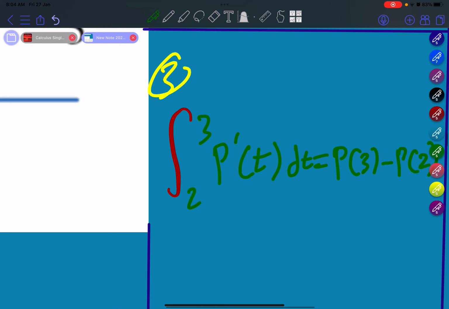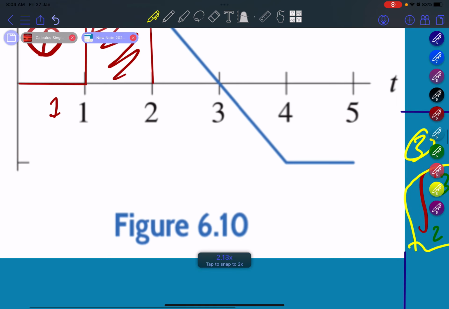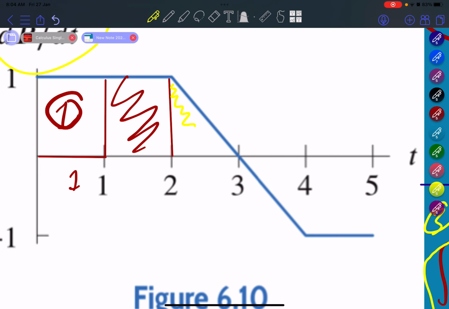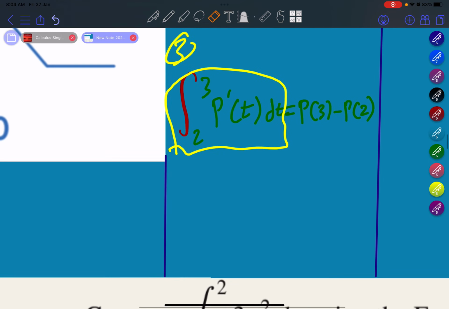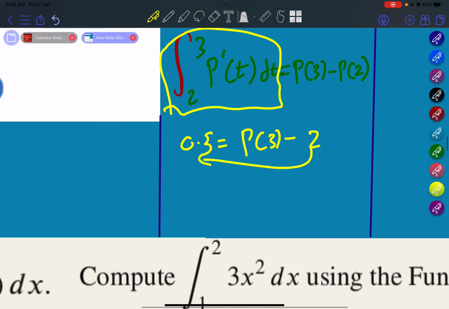Let's get the area under the curve from 2 to 3. This time this is 1 and this is 1, but half of the square is gone, so it will be 1 divided by 2, which is half. So 0.5 will equal p of 3 minus p of 2. We just got the value of p of 2, which is 2, so we put 2 to the other side because we want the value of p of 3. So p of 3 equals 2.5.